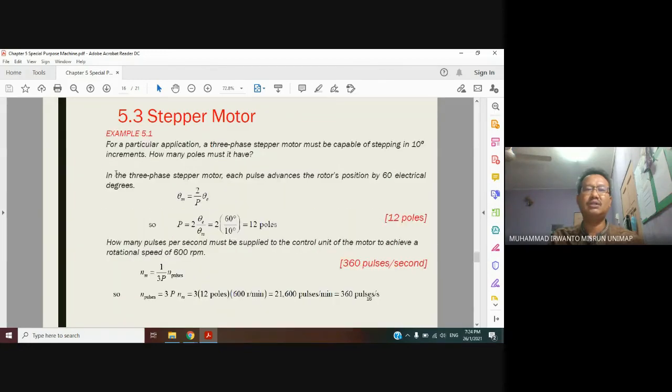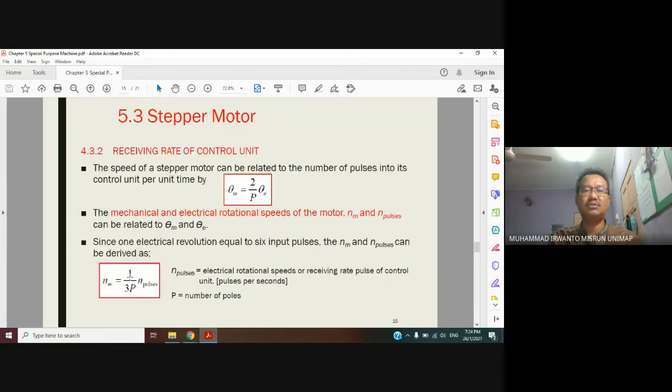For the three-phase stepper motor, each pulse advances the rotor position by 60 electrical degrees, meaning delta E here is 60 degrees.